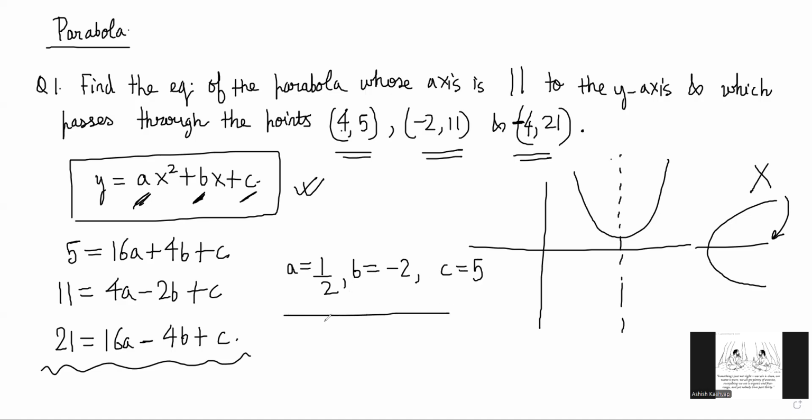And then you get the equation of the parabola as y is equal to x squared by 2 minus 2x plus 5, right? So this is just simply solving the 3 simultaneous equations to find the 3 unknown constants, right?